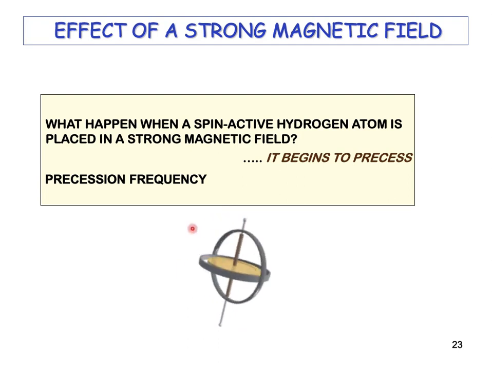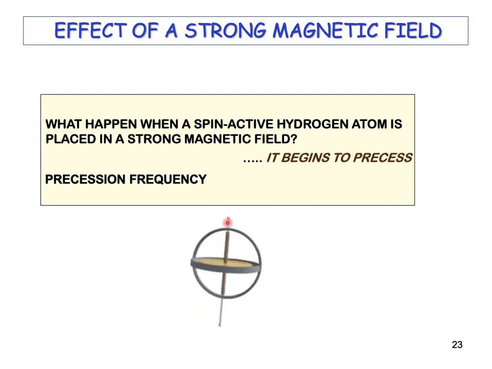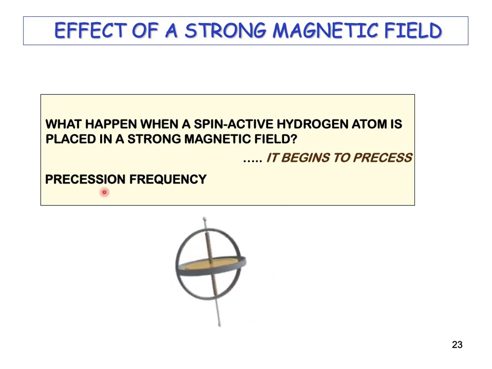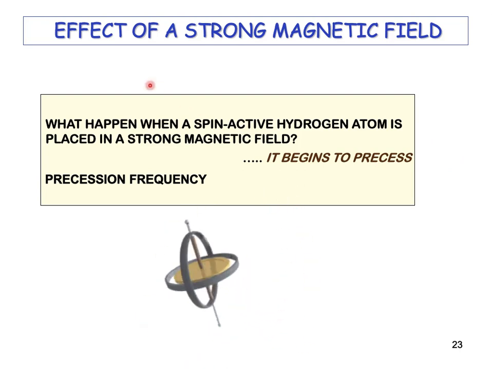This is only possible when the nuclei are placed under a strong magnetic field. All nuclei precess with their own precessional frequency. So what is precessional frequency? It is the frequency at which the nuclei precess. And when is it possible? When the nuclei are placed under the magnetic field.